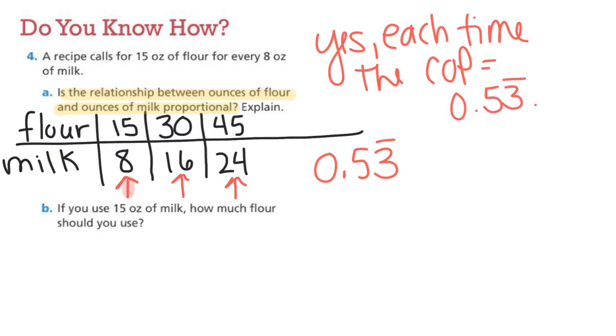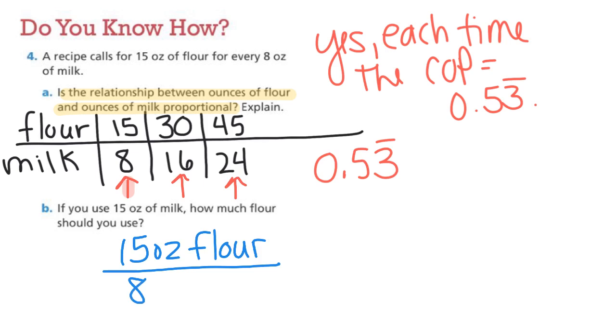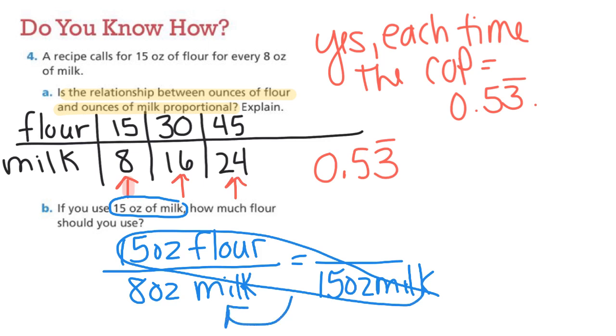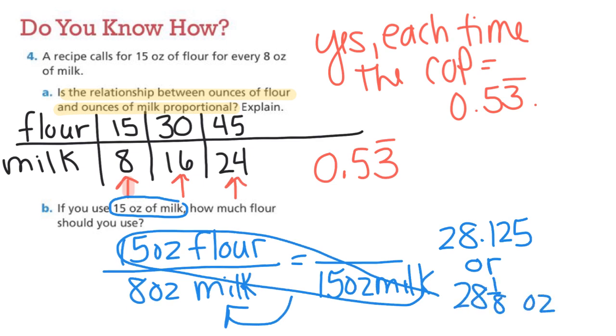All right, part B. If I have the ratio 15 ounces of flour, I'm going to use my words, and 8 ounces of milk in the recipe, and I want 15 ounces of milk, that goes on the bottom, I should be able to cross multiply and divide, and your answer is going to be 28.125, or if you're using a fancy calculator, 28 1/8 ounces.